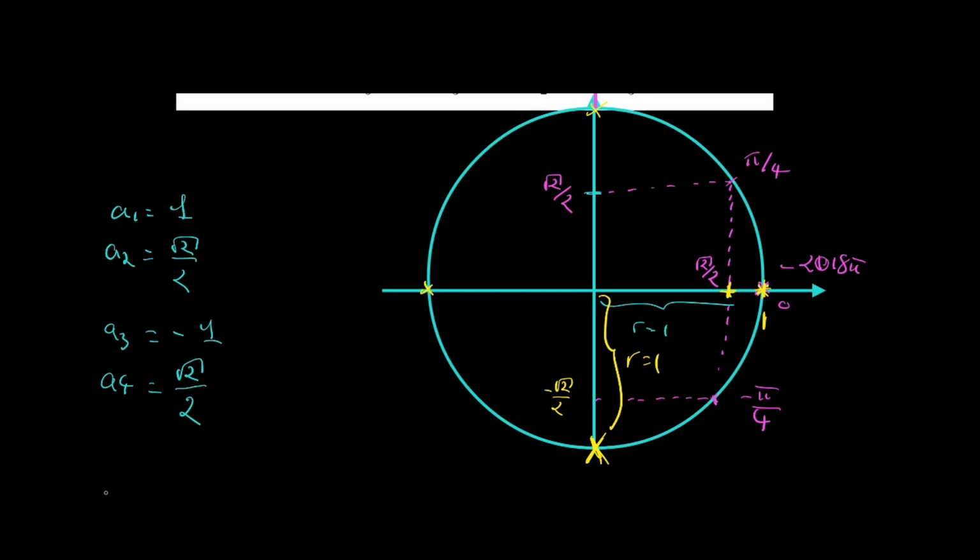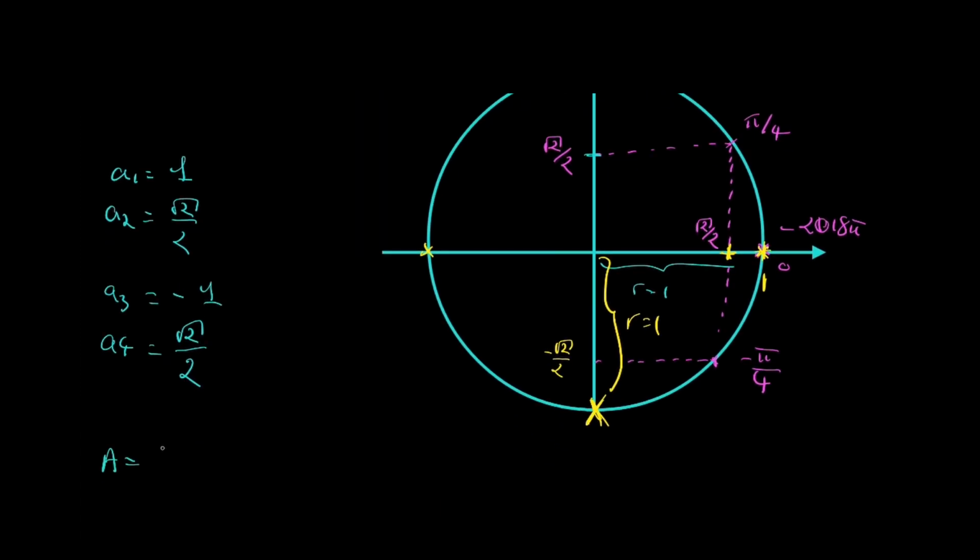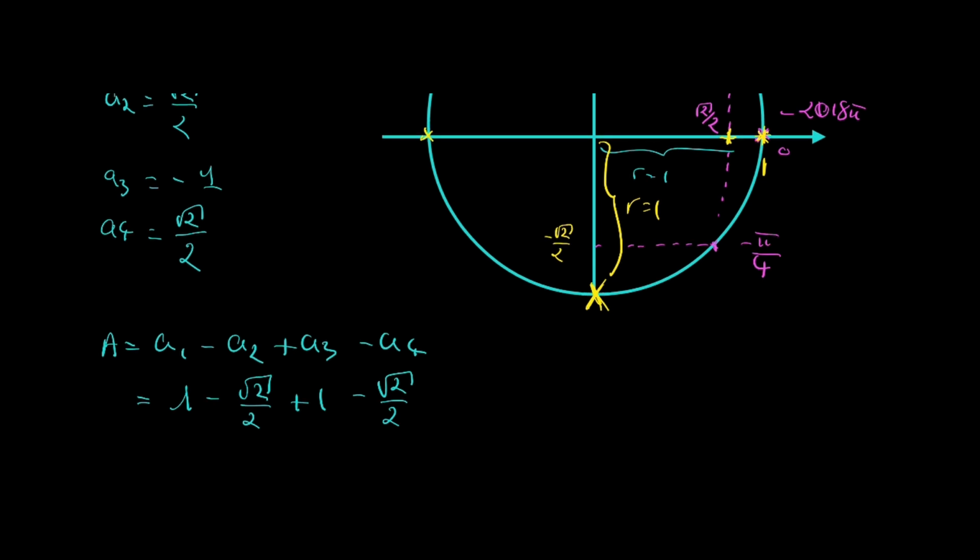And now we've got A, which is equal to A1 minus A2 plus A3 minus A4, which is equal to 1 minus square root of 2 over 2 plus 1 minus square root of 2 over 2, which is equal to 1 plus 1, 2.